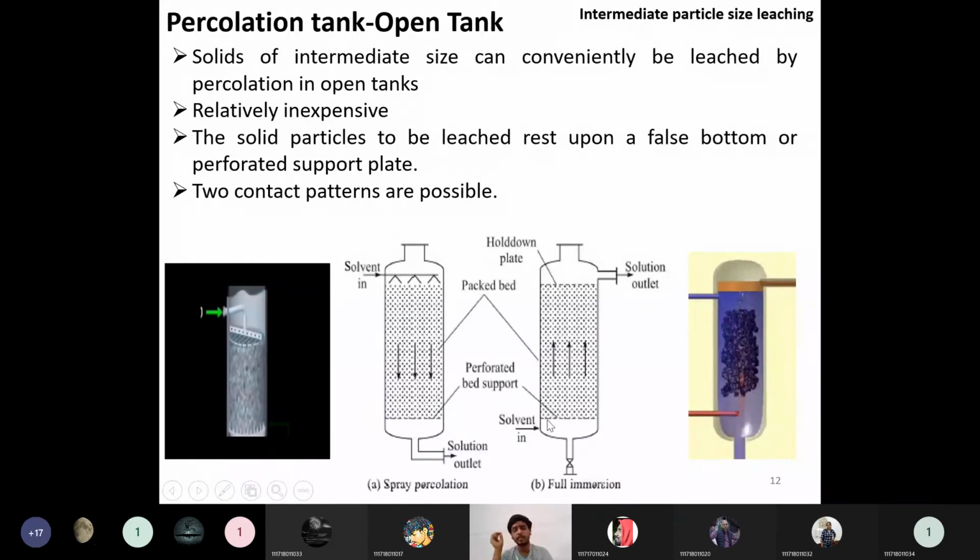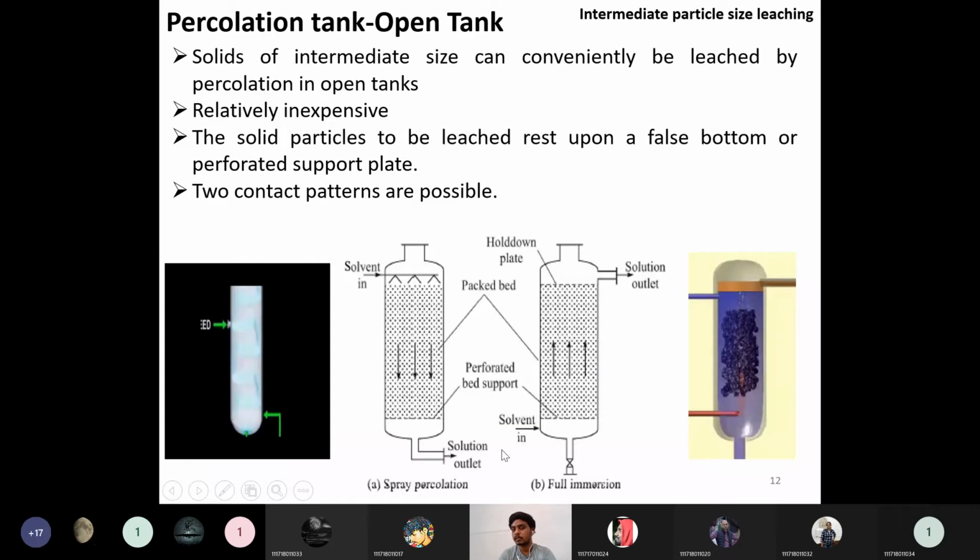On this plate, the particles are arranged in a bed form, whether a random bed form or a patterned bed form.